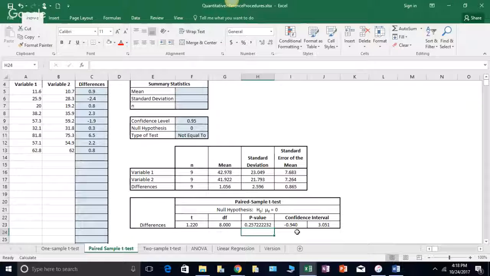Correct. And then in H, present your conclusion in the form of an English statement. I just said we have insufficient evidence that the new procedure will be any better than before. Correct. And then you look at your confidence intervals, and this is what it comes out to, 0.94 and 3.051.